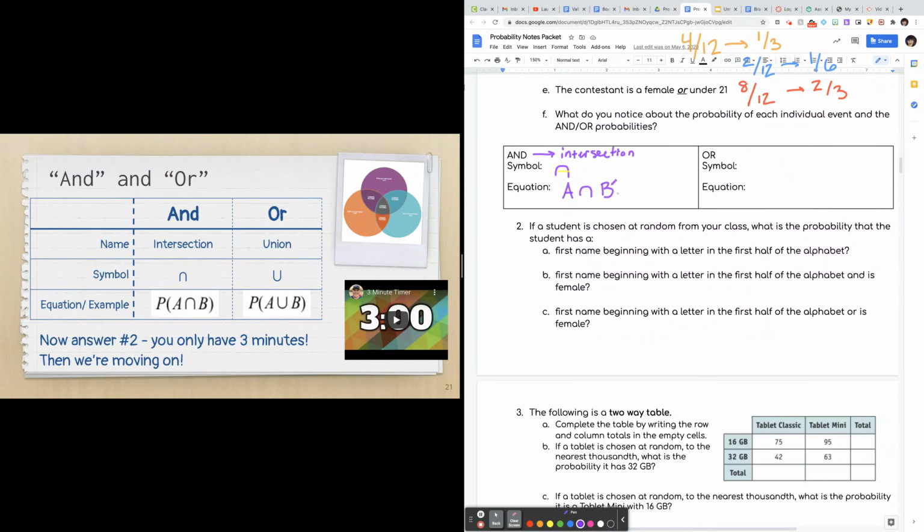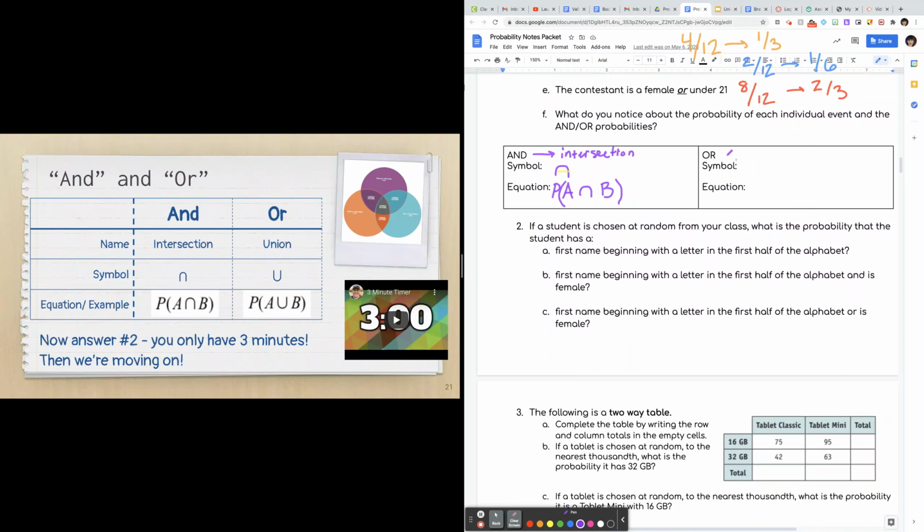So if you see something like this, this means the probability that event A and event B work together. And remember, with probability notation, you have to put a little P in front, and then the actual little equation goes in parentheses. So this literally translates in English to the probability that A and B happen together, okay?